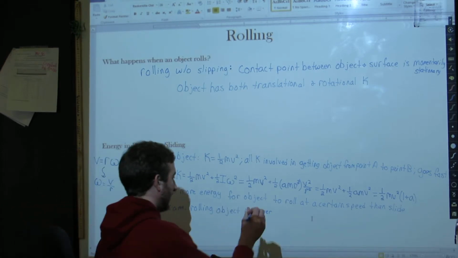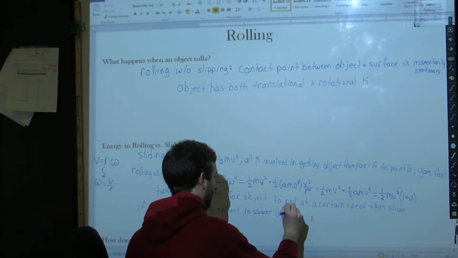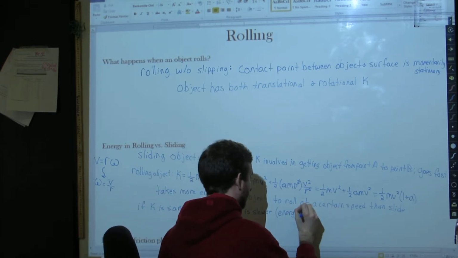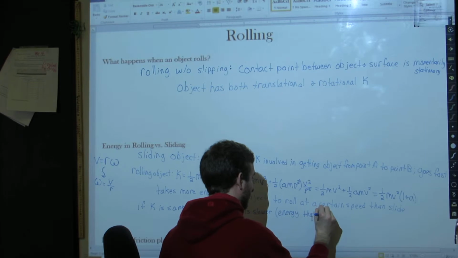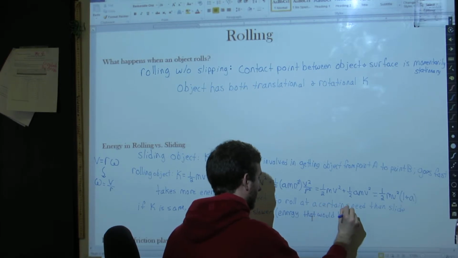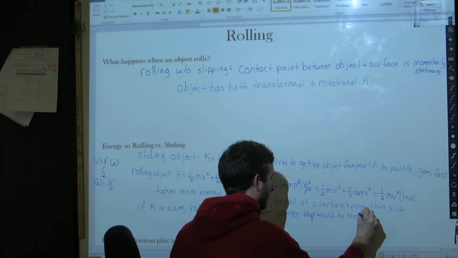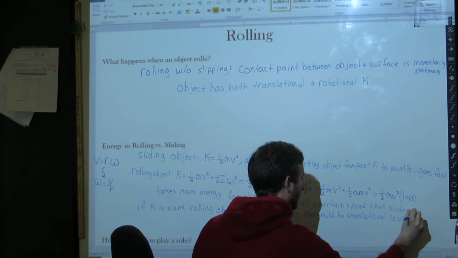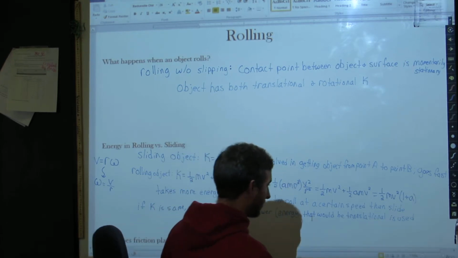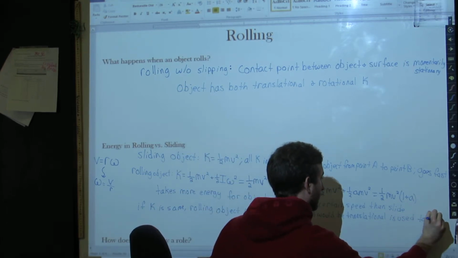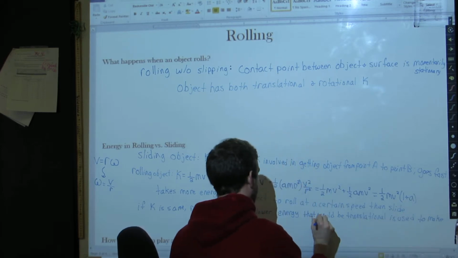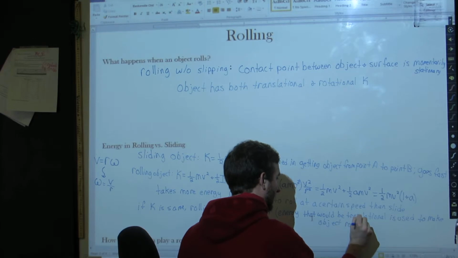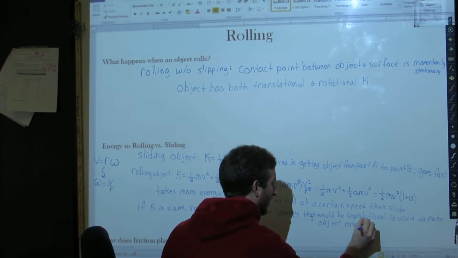The reason it will be slower is that some energy that would have gone into translation is used to make the object rotate.